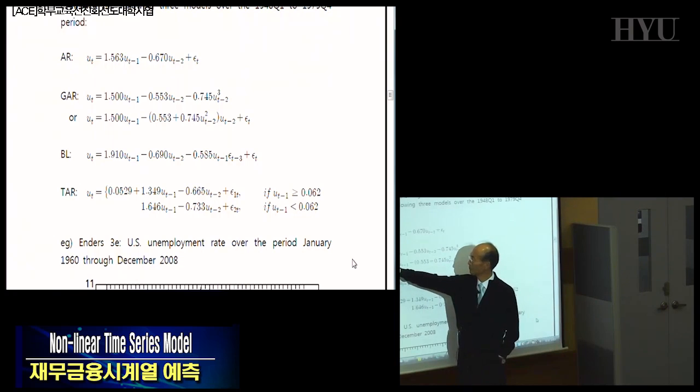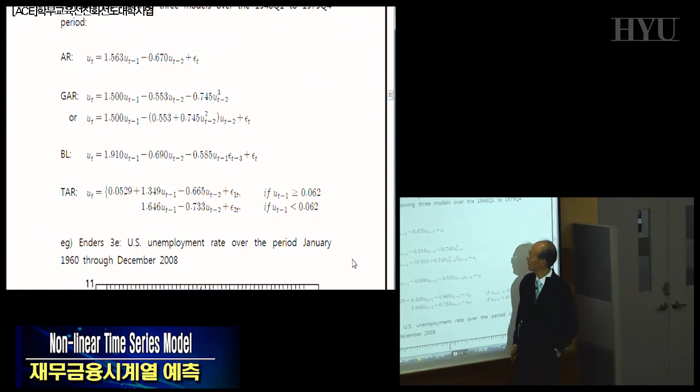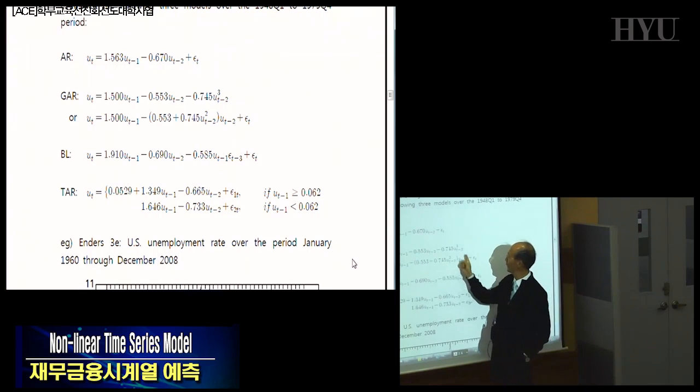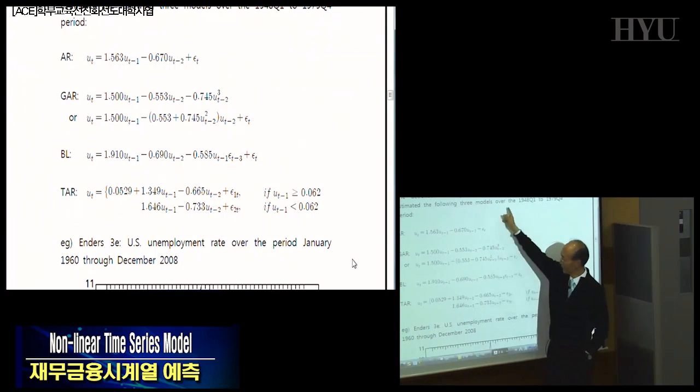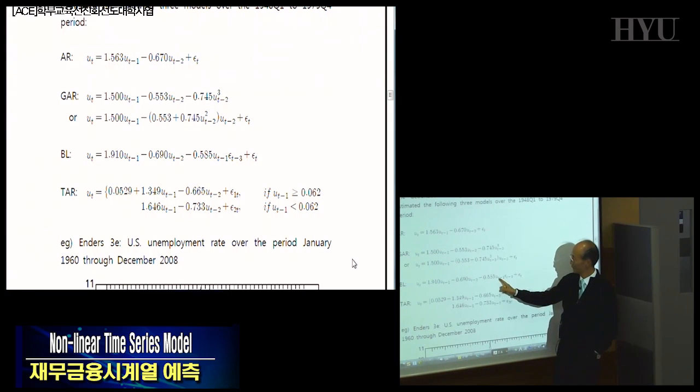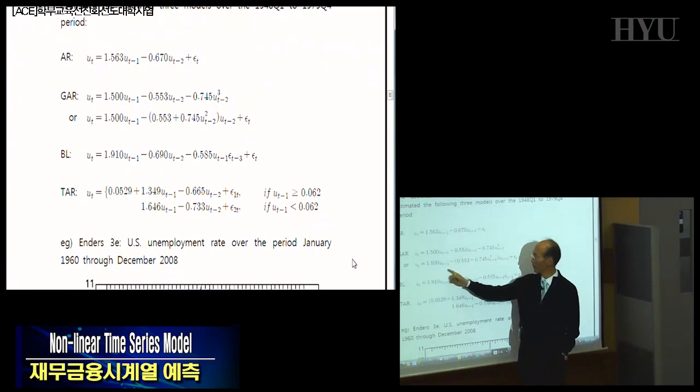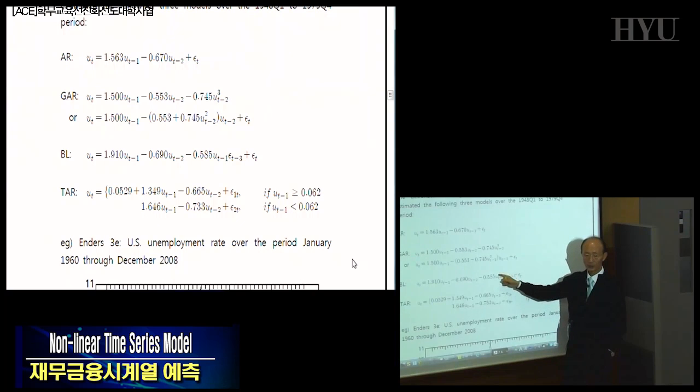There is a generalized autoregressive process where you have a cube term here, a square term here, and the product. So there are many different ways of modeling it. This is the final model he found. The bilinear model looks like this, with the lagged dependent variable, previous notation y_t, and these particular lags. So it has an autoregressive process as well as cross products.